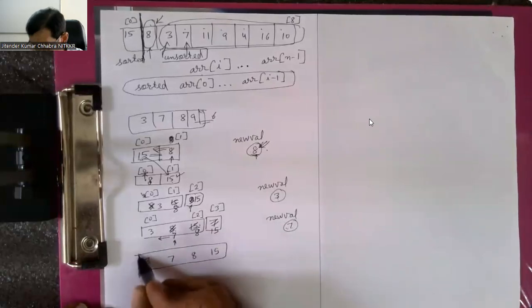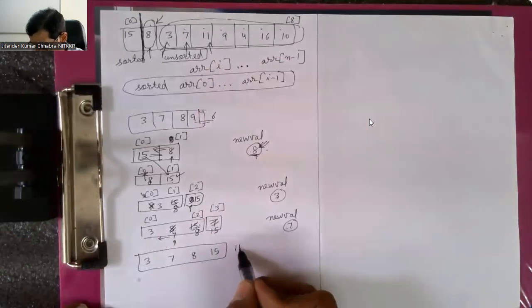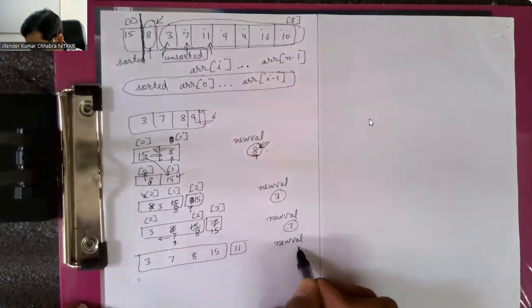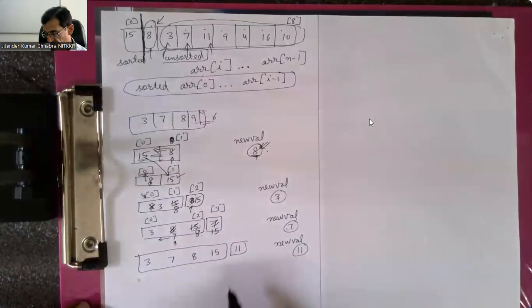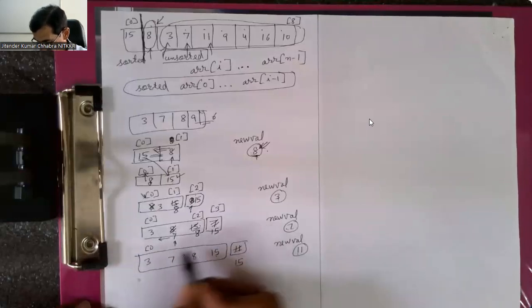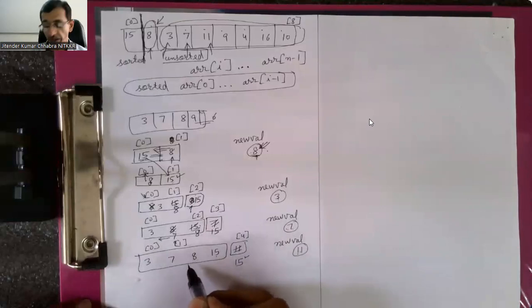Now you will understand one more important point. Next time I am going to compare with 11. New val variable 11. 11 is to be inserted at its right place. How? 11 versus 15. So it means this place gets overwritten by 15. Indices 0, 1, 2, 3, and 4, obviously. 11 versus 8. 8 is smaller.